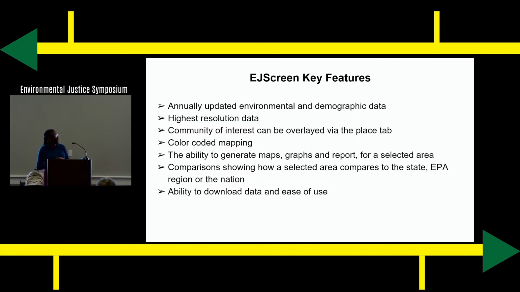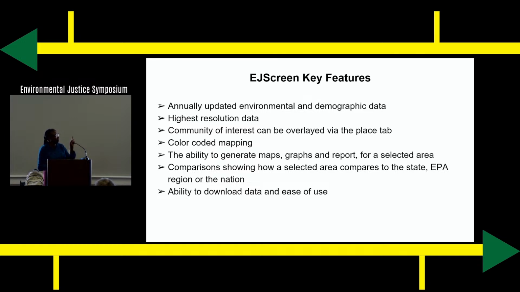Then a community of interest can be overlaid via the place tab. They have a tab called the place tab where they have different layers. It's like a library on its own, a GIS library. And you can overlay those layers on the map if you want to see points of interest or data of interest.